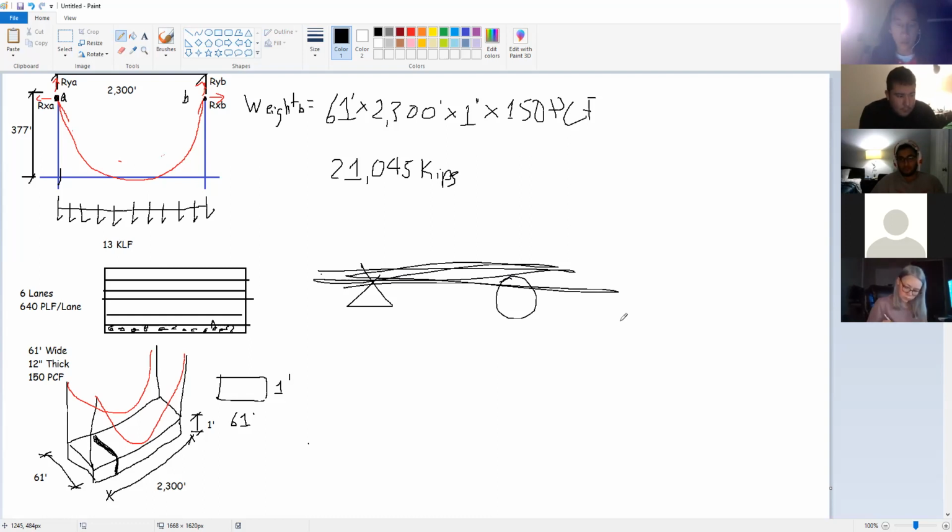Like if you take a Lego brick, it weighs like a single gram, but if you're adding all the vectors together, you don't really need to worry about the weight of the Lego, I think. So I think we just don't need to worry about the weight of the deck.